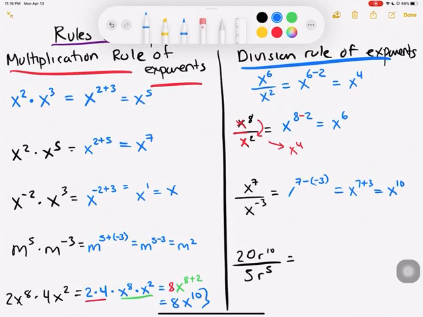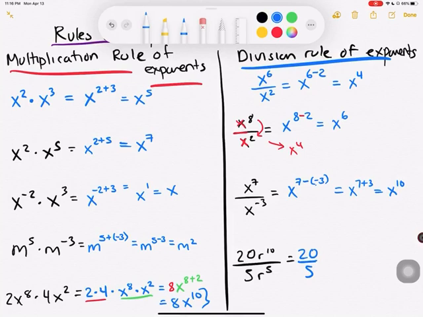The next and last example in this video is going to be 20r to the power of 10 divided by 5r to the power of 5. Okay, the same thing as in the multiplication. If I have big numbers, they behave normally. So the first thing I have to do is the division of 20 over 5. Those big numbers, you're not going to subtract those because those are not exponents.